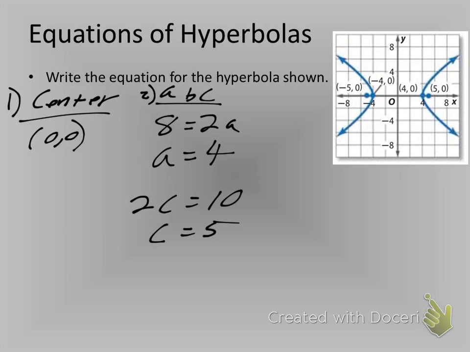All right. Your relation equation for hyperbolas is like the Pythagorean theorem. So c squared equals a squared plus b squared.